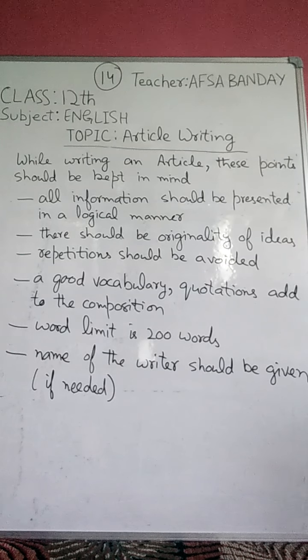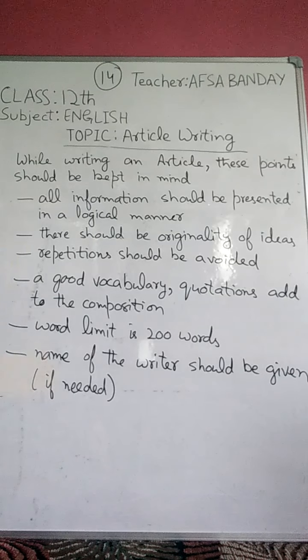While writing an article, these points should be kept in mind. First, all information should be presented in a logical manner. When you write your article, the material and the ideas you are presenting should be in a proper sequence. There should be originality of ideas.